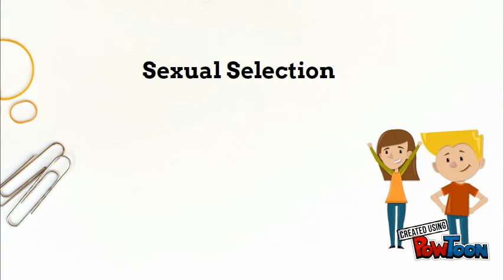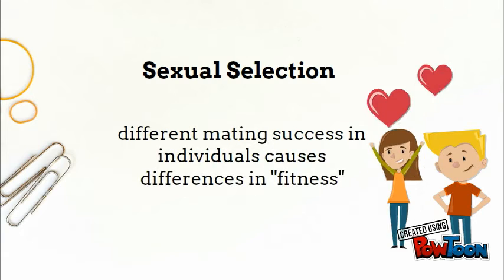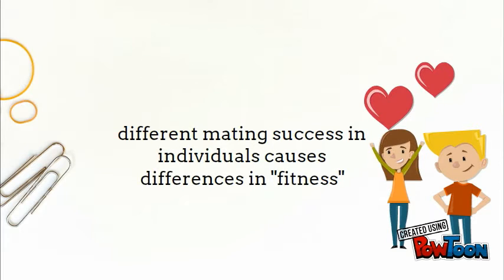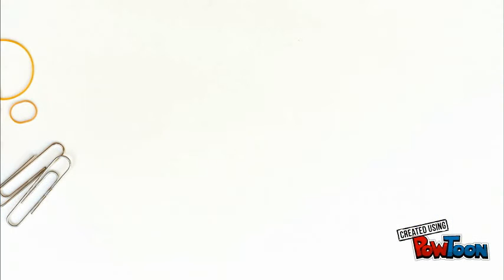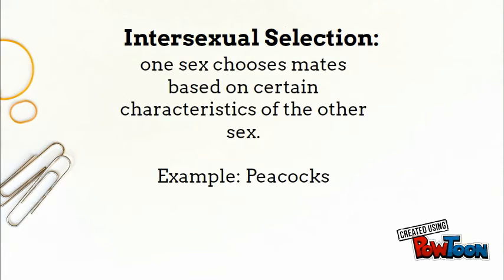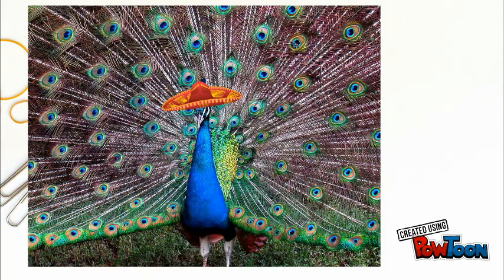Sexual selection. Sexual selection is the selection of individuals based on their mating success. Sorry, sex doesn't always sound sexy. There are two types of sexual selections. One is intersexual selection, where one sex chooses their mate based on certain traits of the other sex. Peahens, for example, will choose to mate with a peacock with the most beautiful feathers.